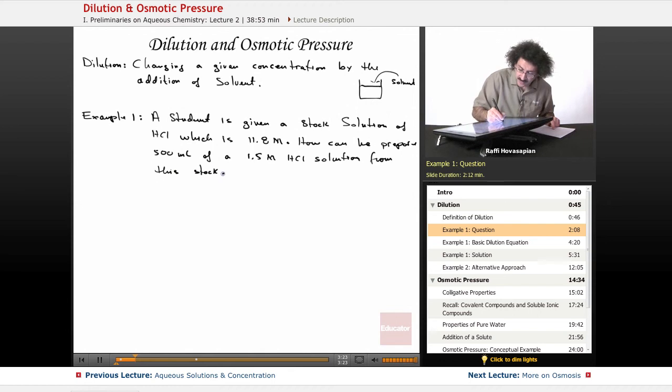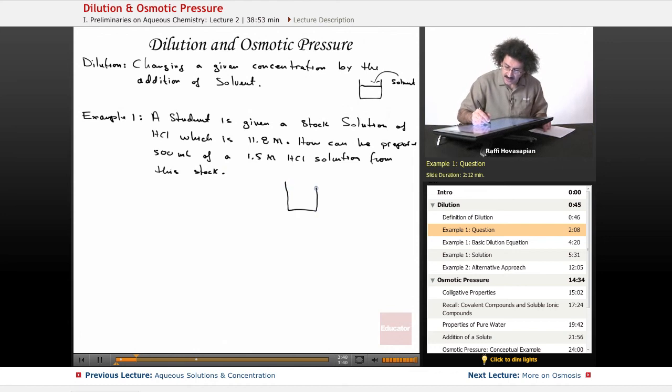So basically he has this solution which is 11.8 molarity, but what he needs is to create 500 milliliters of a 1.5 molar solution. So how is he going to do this? Well, let's think about what he's going to do.